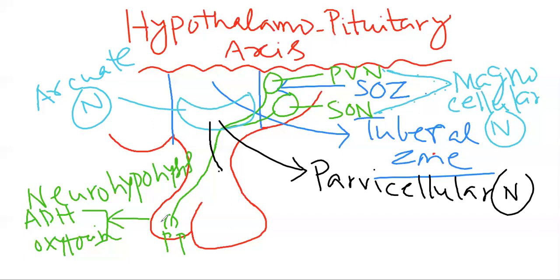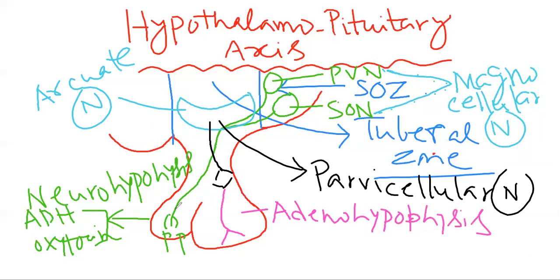Then it will form the primary capillary. From there, it will again form the secondary capillary network and reach the adenohypophysis, or the anterior pituitary. So this area is known as the adenohypophysis, or we can say the anterior pituitary area, and here is the posterior pituitary.